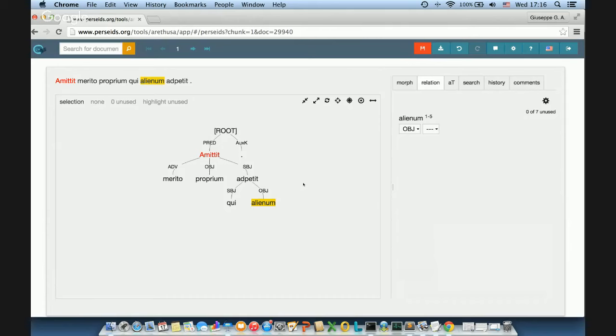So what we are saying here basically is that the relative clause functions as the subject with respect to amittit, but we had to assign the label subject to just one word within the relative clause.